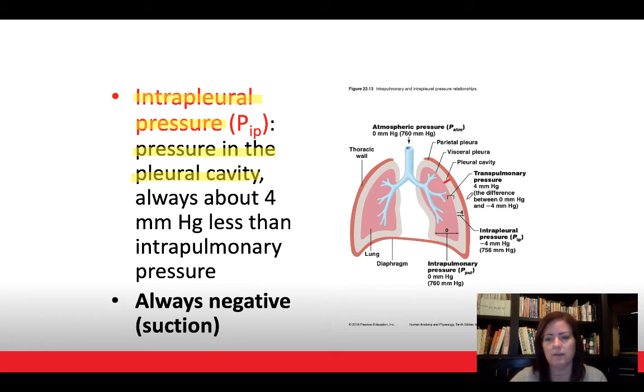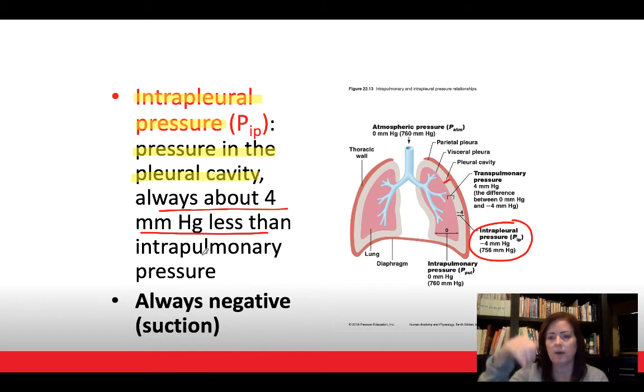Okay, it's that space in between. It's filled with fluid. But what we see here is that our intrapleural pressure is always going to be about negative 4 millimeters of mercury. So it's always about 4 millimeters of mercury less than intrapulmonary pressure.